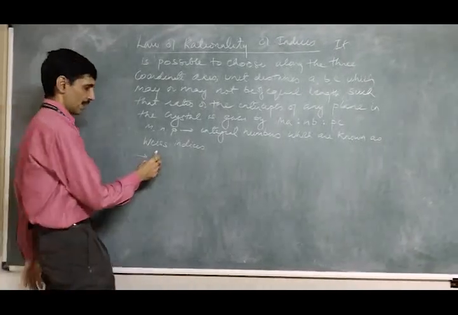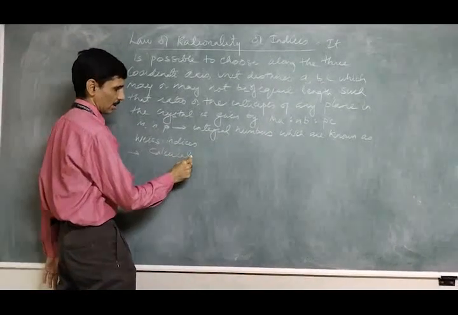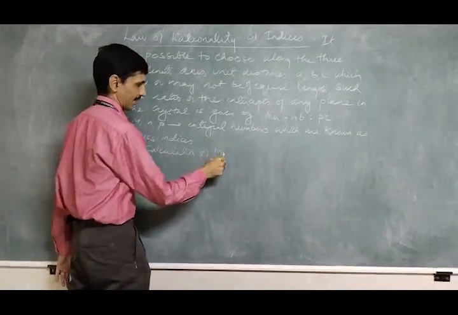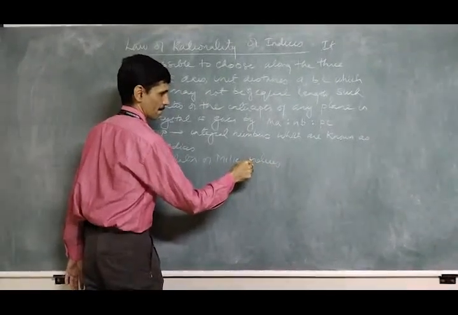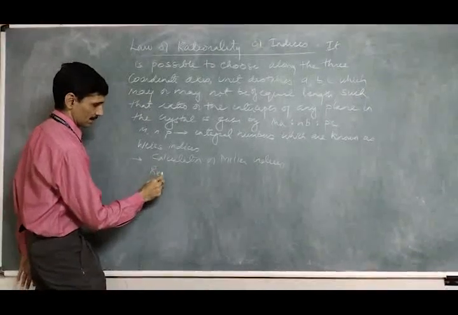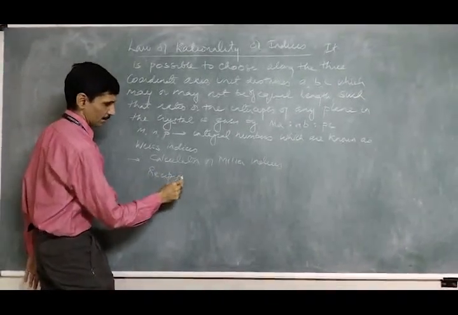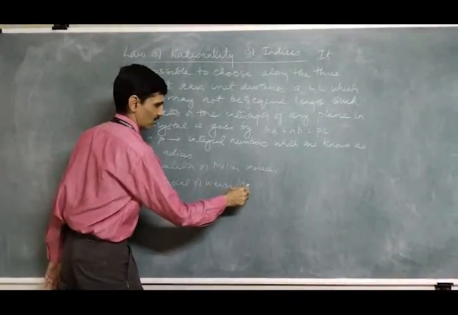Alright? So here I give you a heading: determination or calculation of Miller indices. So the first thing is the reciprocal of the Weiss indices. That's step number 1.